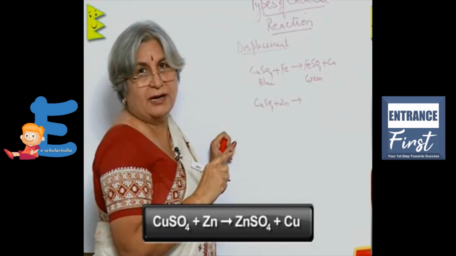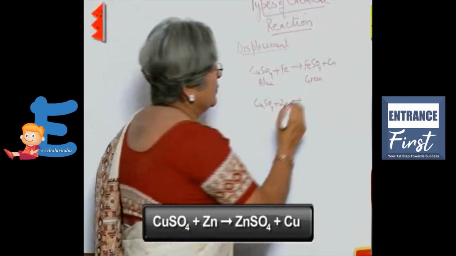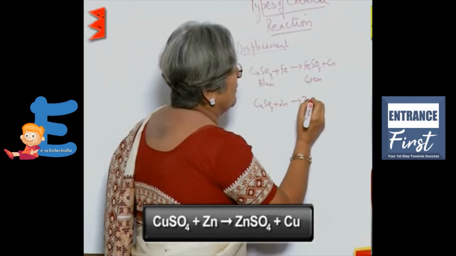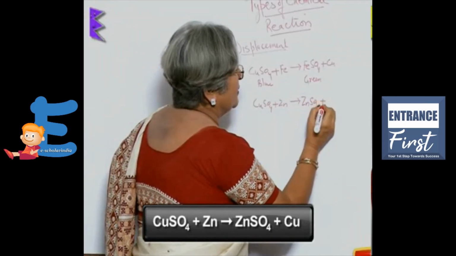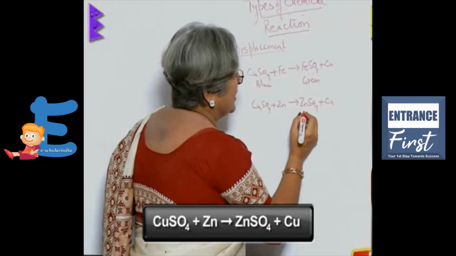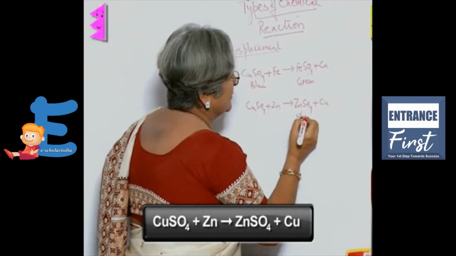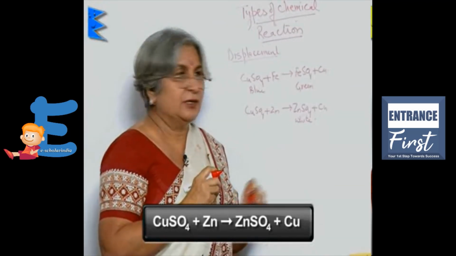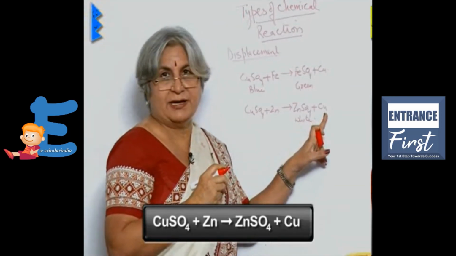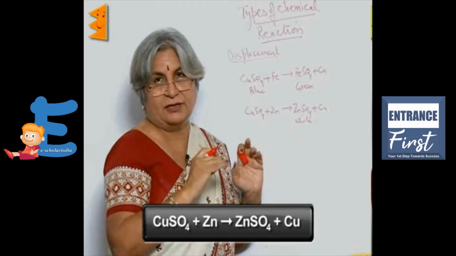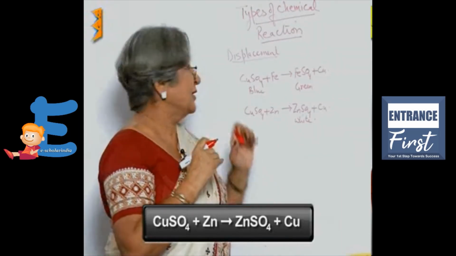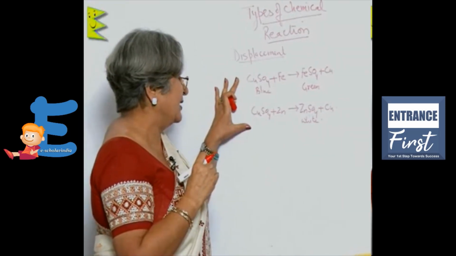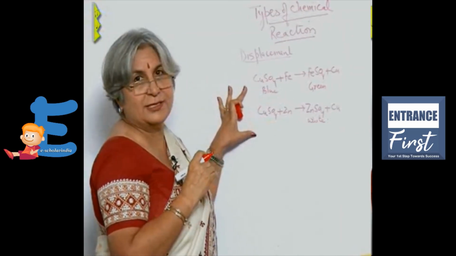Even zinc is more reactive than copper, so it will replace copper, and what we will get is zinc sulfate plus copper, and zinc sulfate is white. Though zinc is also slightly brown, because copper is more reddish brown, zinc will get coated with reddish brown color.